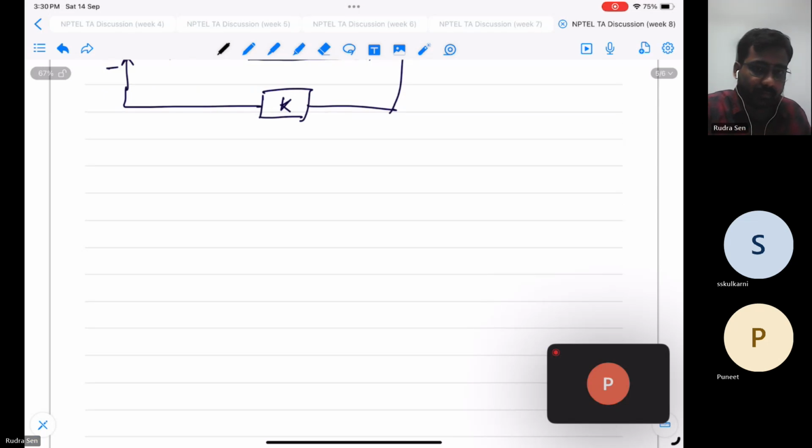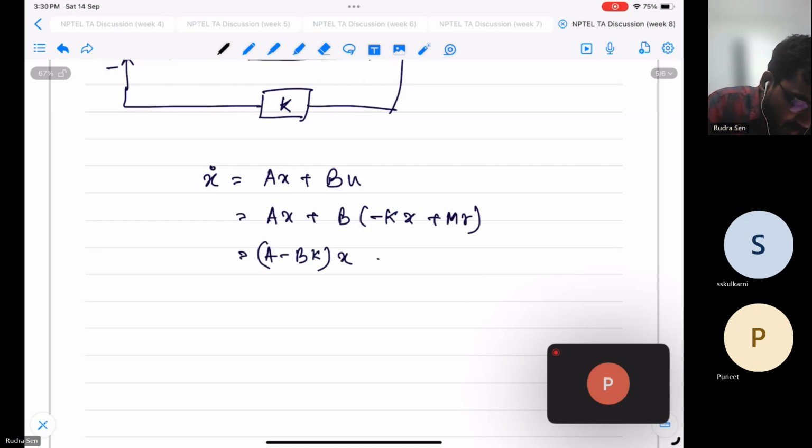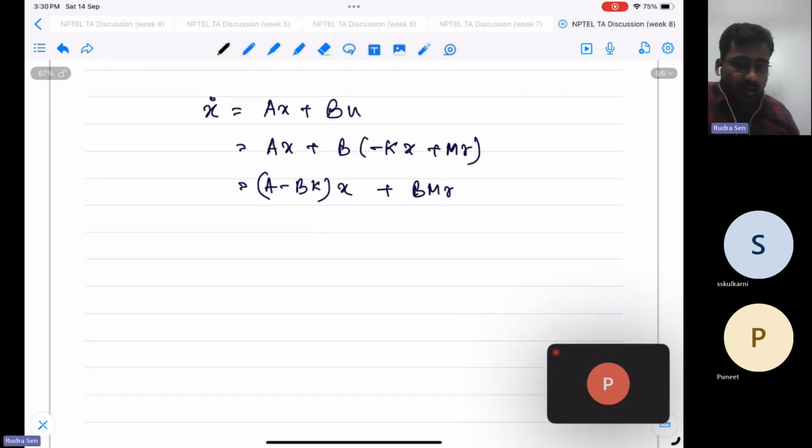What should be the system? x dot equals Ax plus Bu. Now Ax plus B into minus Kx plus Mr becomes A minus BK x plus BMr.